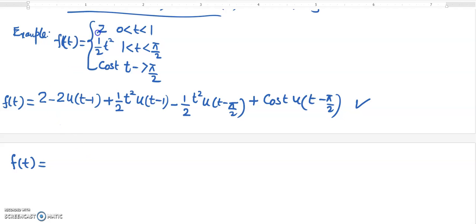For example, for the first component, I will collect these terms. The first component was 2, so it will be 2 times 1 minus u of t minus 1.